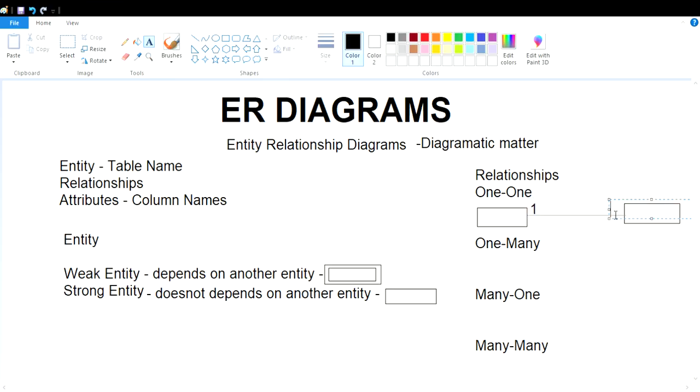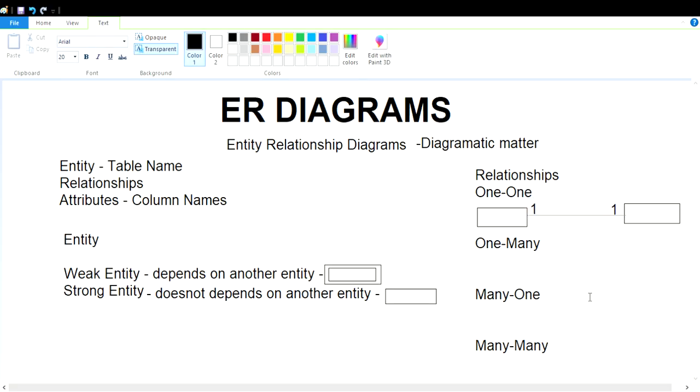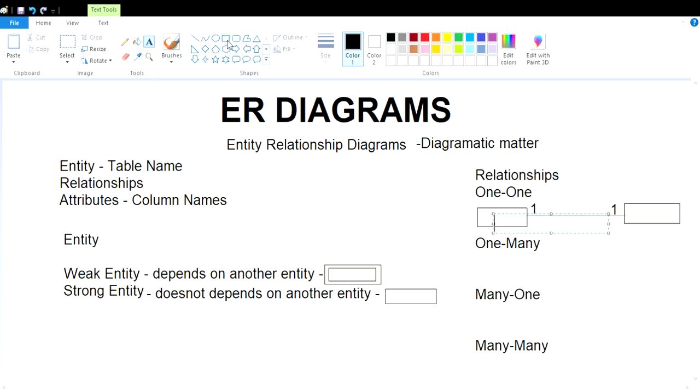So one row from the first table interacts with one row from the second table. That is a one to one relationship.